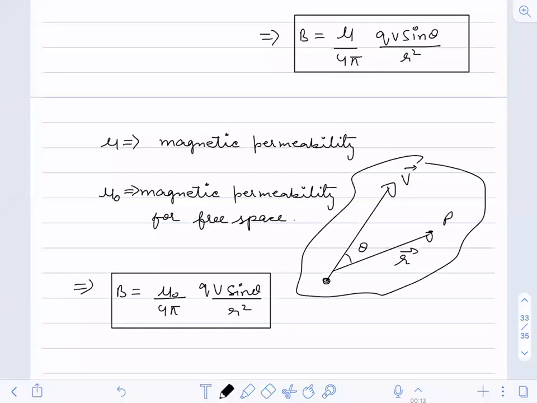In physics, the numerical values will be given to you in the exam. Is it clear? Don't worry about that.